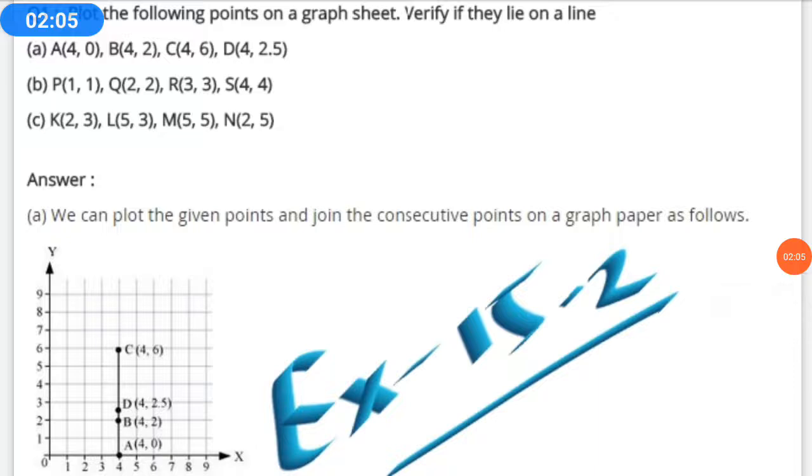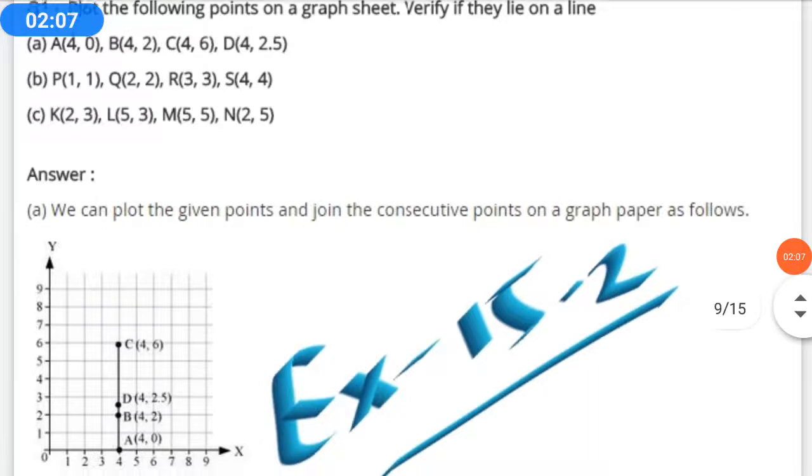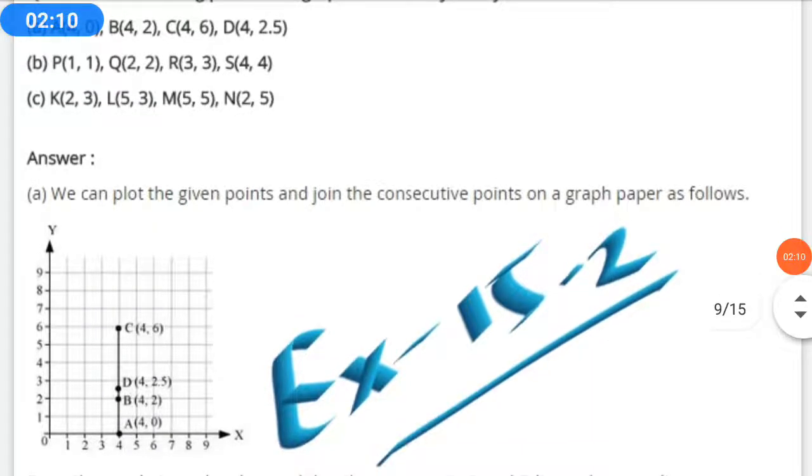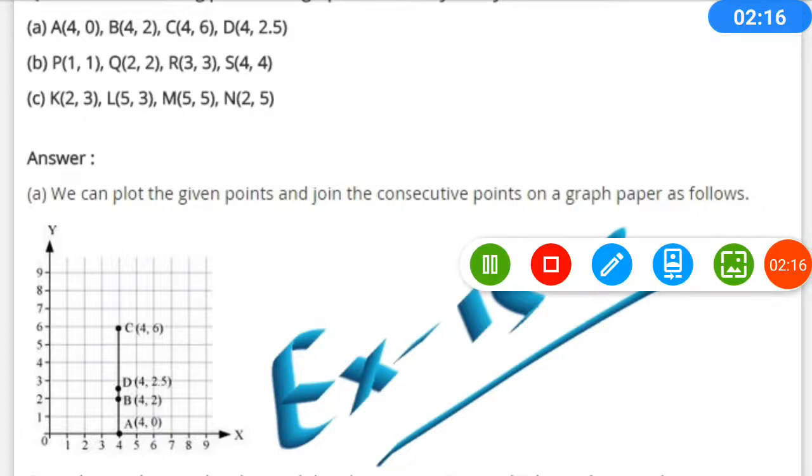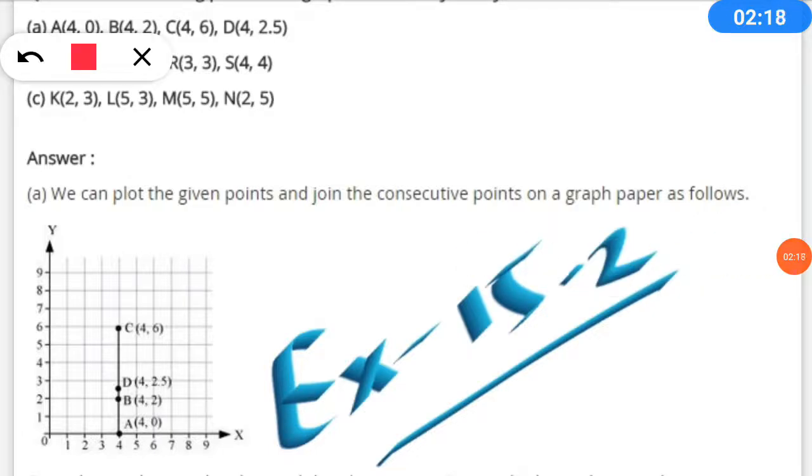You can see a graph is drawn over here, an x-axis and a y-axis, isn't it? In that graph, what we have to do is plot the points. Whatever coordinates are given, we have to plot them. So this one is the x-axis, this one is the y-axis.